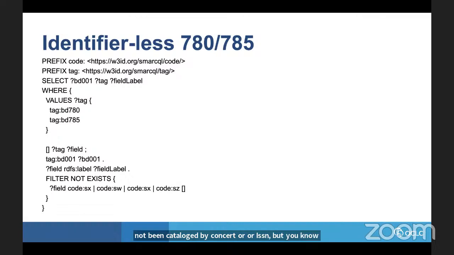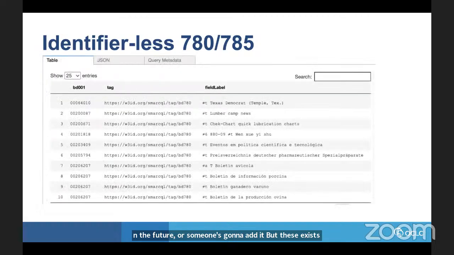The idea with CONSER and cooperative cataloging is that maybe in the future someone's going to add it. But these exist out there, and you can see there's a lot of these. This is something to focus on, saying, okay, this one perhaps exists somewhere and I could update this record, find the 001, go into Connexion and CONSER, find it, update it, that kind of thing.